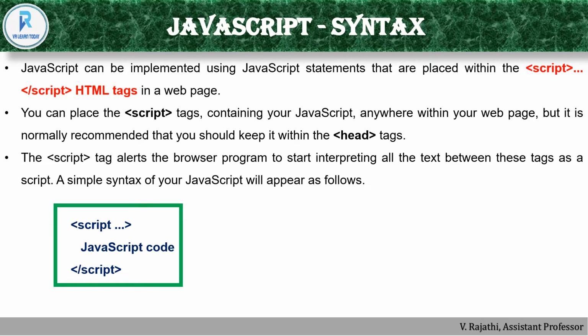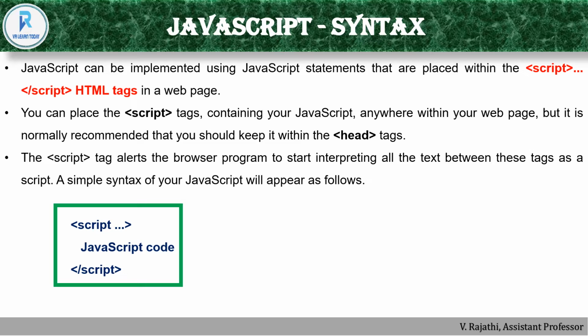JavaScript can be implemented using JavaScript statements that are placed within the script tag. So this is called a script tag, and then a closing script tag in a web page. You can place the script tag containing your JavaScript anywhere within your web page, but it's normally recommended that you keep it within the head tag.